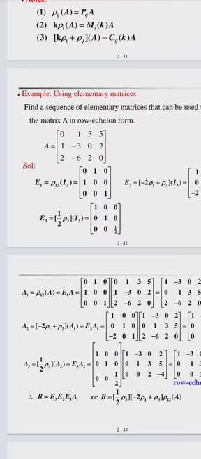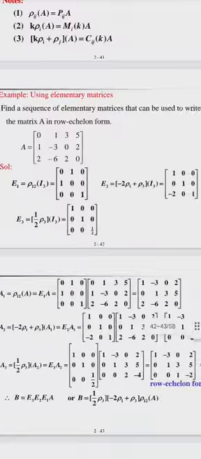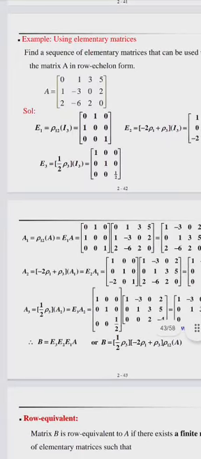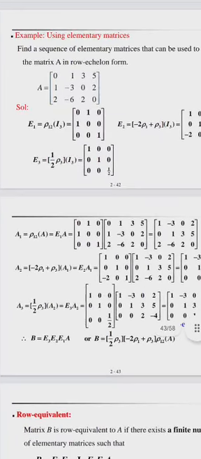The A matrix is 0, 1, 3, 5, 1, minus 3, 0, 2, 2, minus 6, 2, 0. Then multiplying the two matrices, the answer is 1, minus 3, 0, 2, 0, 1, 3, 5, 2, minus 6, 2, 0. The next, find the value of A2.